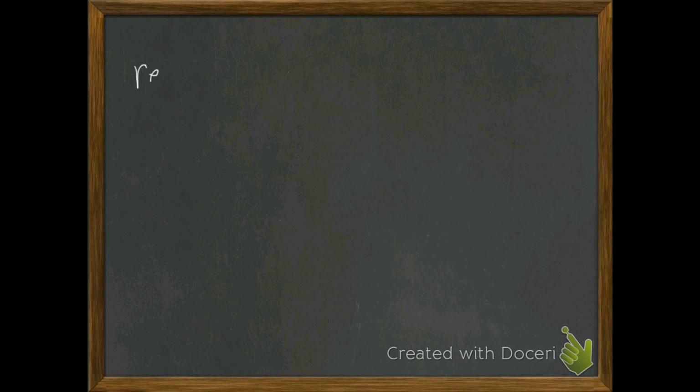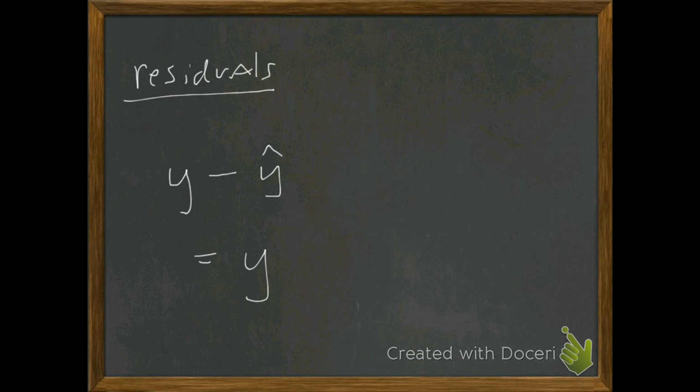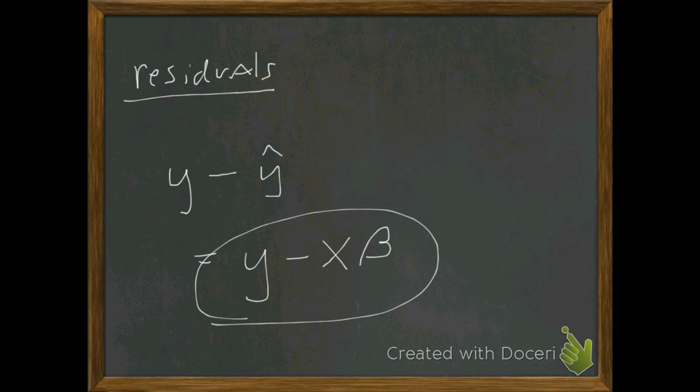And our residuals can be seen by this, taking the difference of these matrices. Guys, the variance covariance matrix of residuals, trust me, you're going to see far more than you ever cared to know about those.